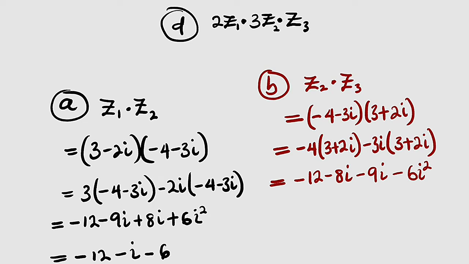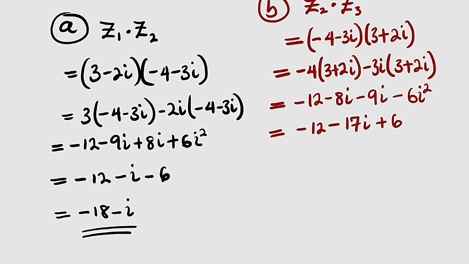The middle terms, we have negative 8i, negative 9i is negative 17i. So this is equal to negative 12, negative 17i, then plus 6, because i squared is negative 1. Because of this negative, it becomes positive.